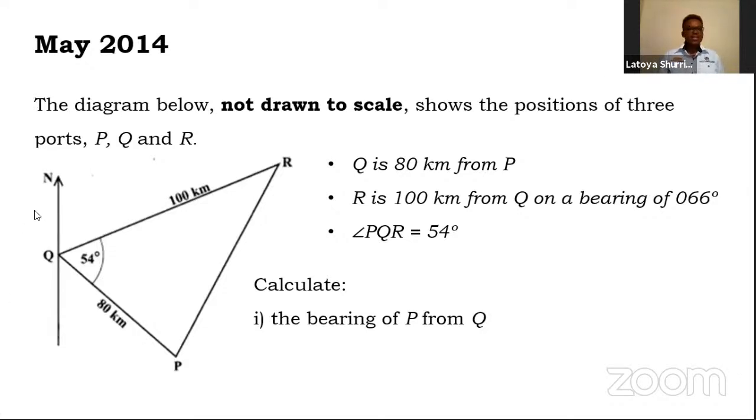All right. So, okay, we know where we're starting from. So what's the bearing, students? What's the bearing? How can we determine the bearing from the information that was given?